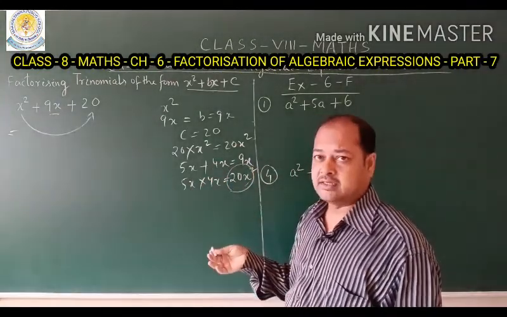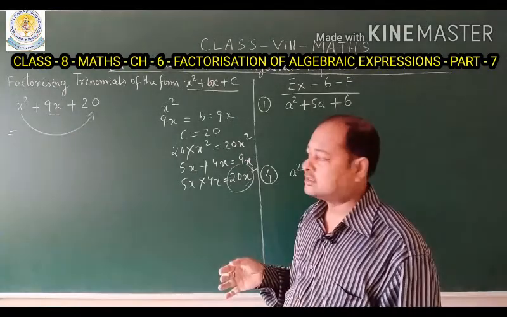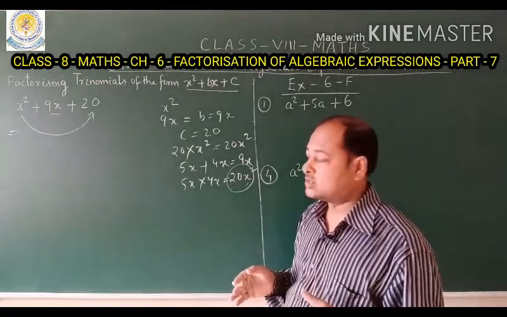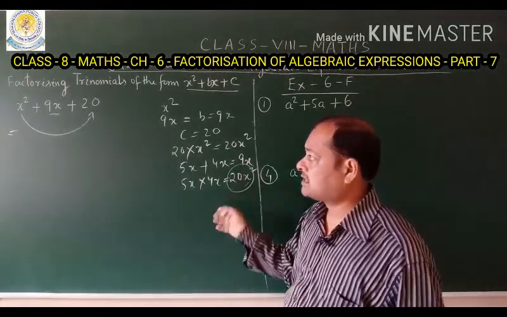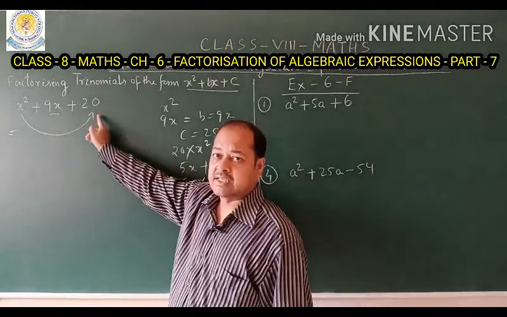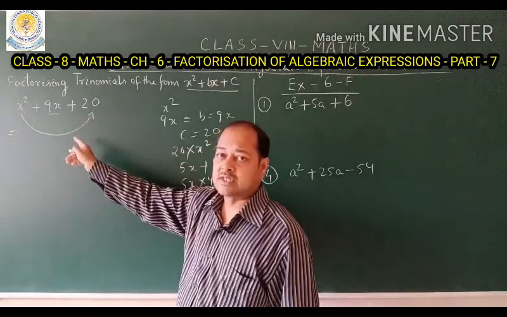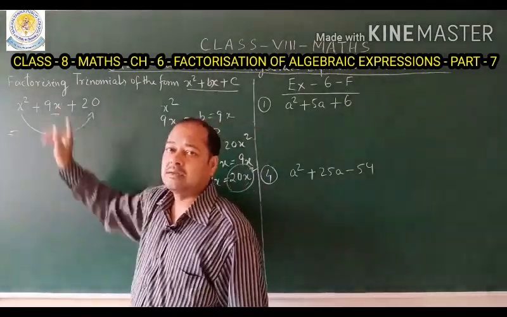So we have to think how to split the middle term into two terms so that if we multiply these two terms, we get the product of the first term and the last term, and if we add these two terms, we get the middle term.